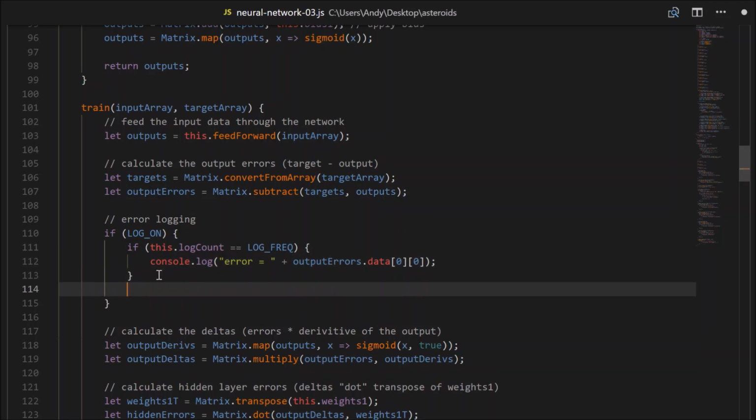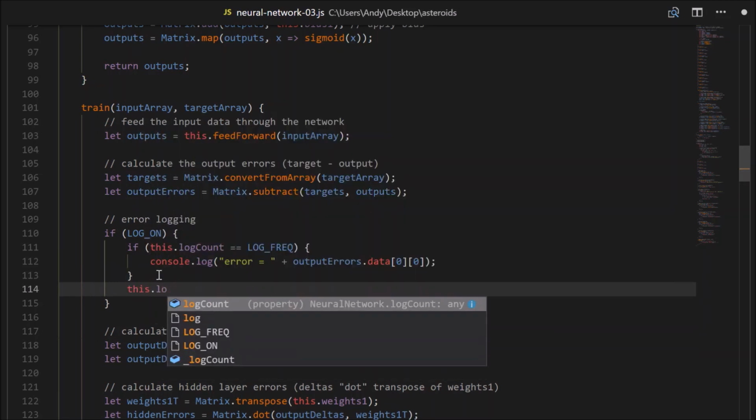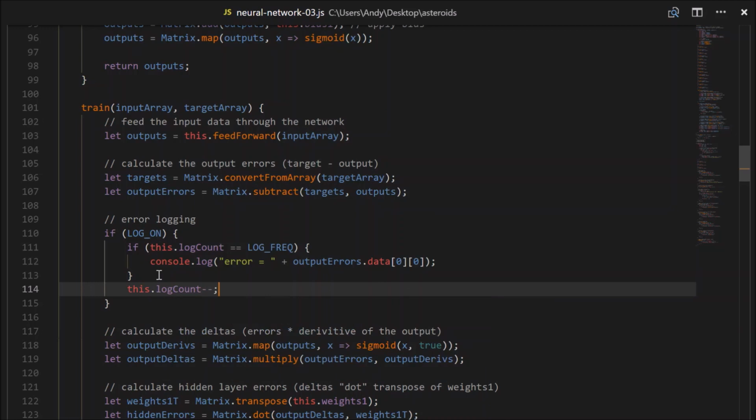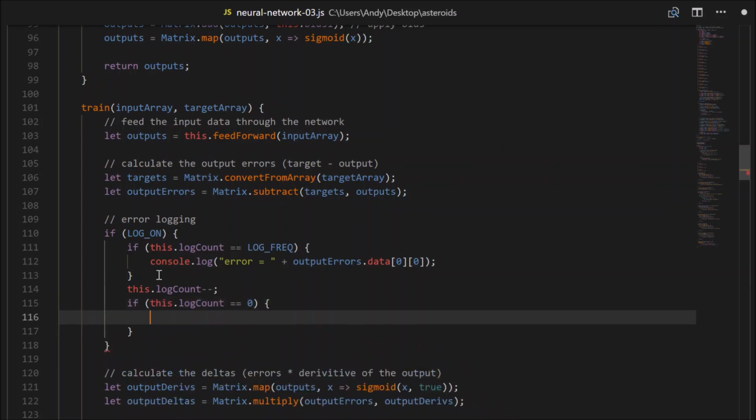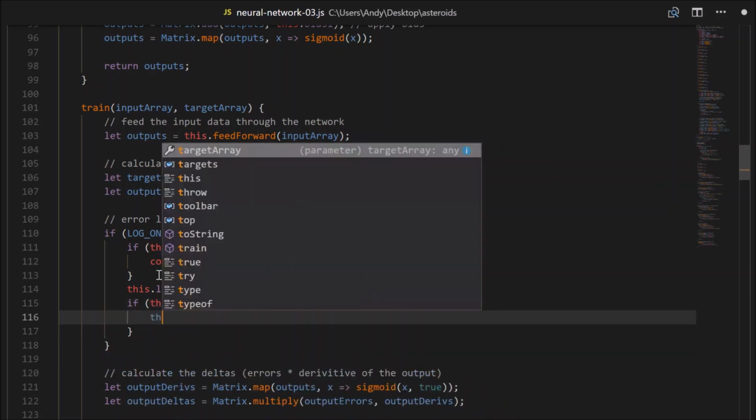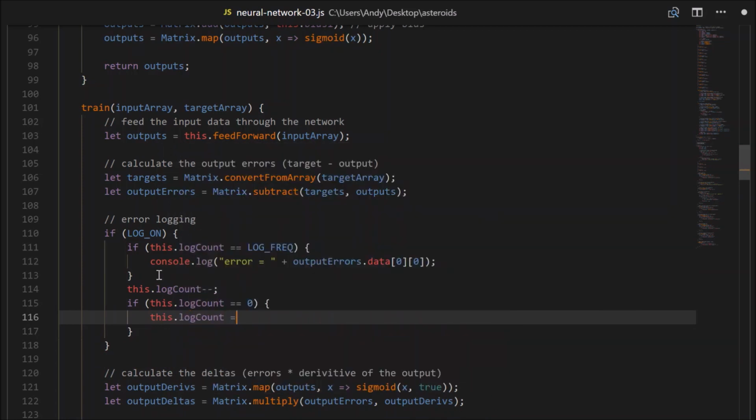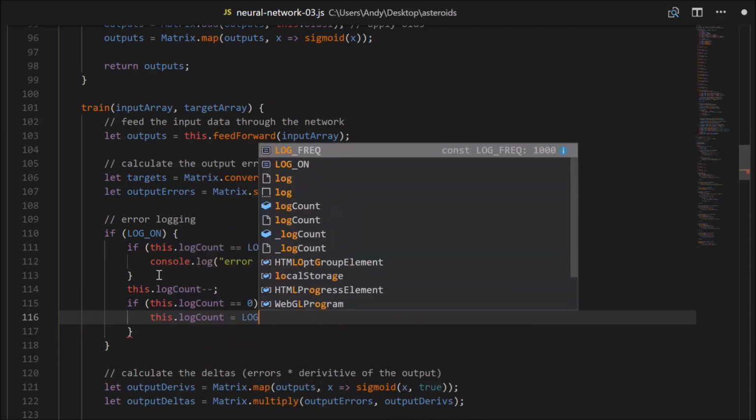Then we'll have to decrement the log count, so this.log count minus minus, because we don't want it occurring every iteration. And when that reaches 0, if this.log count equals 0, what will we do? Well, we'll just reset it. This.log count equals log frequency.